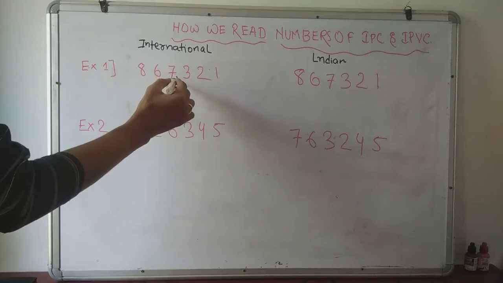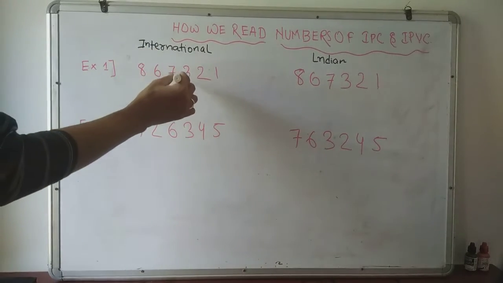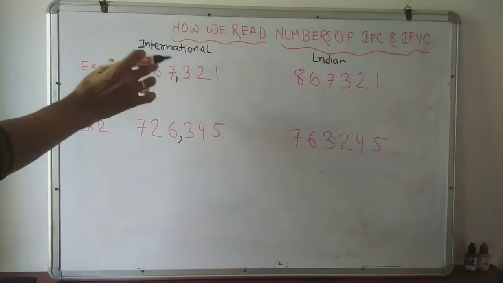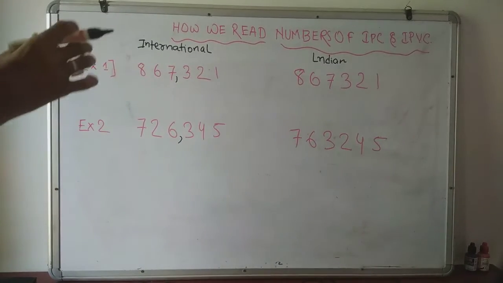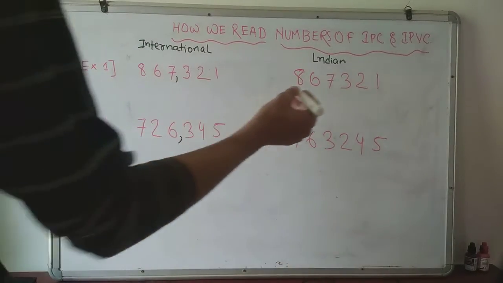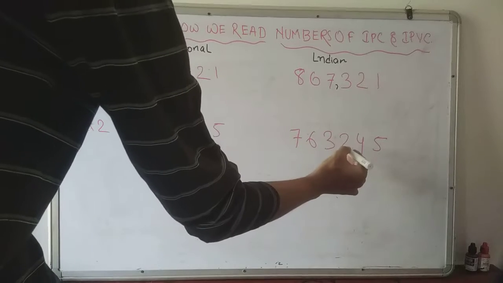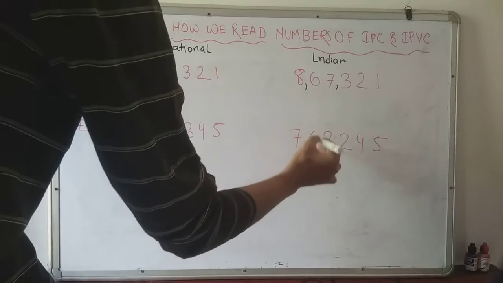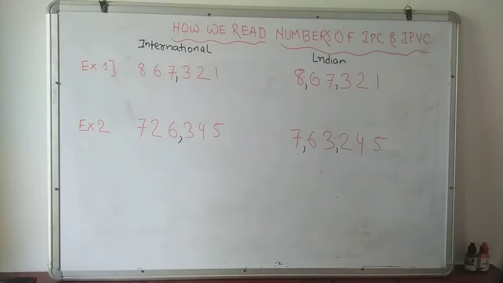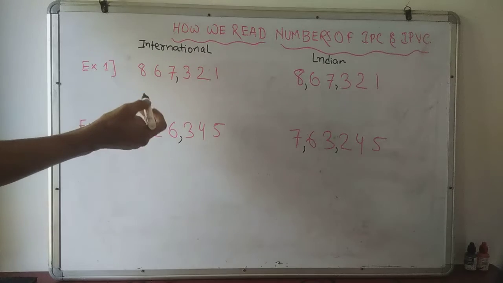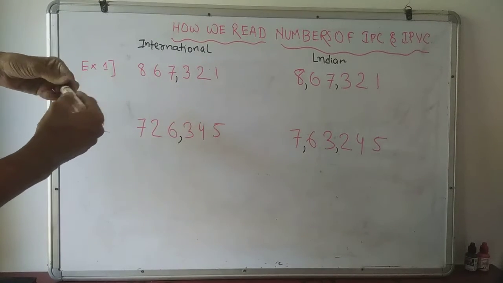So we make period symbols in between the digits so we can easily identify which digits come in which place. Similarly, in the Indian number system, we make the symbol of periods with the necessary place value.